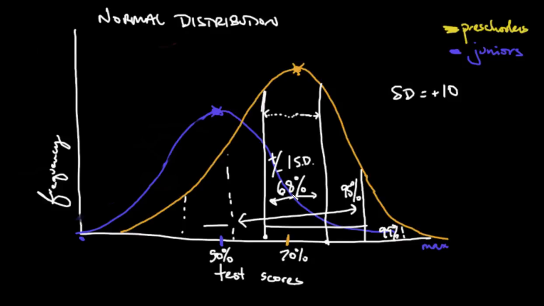And you might say 68%, that's not very precise. That's not very confident. You're right. 68% is not our norm. In biology, we go with a 95% confidence level. So we'd have to look at plus or minus 2 standard deviations.